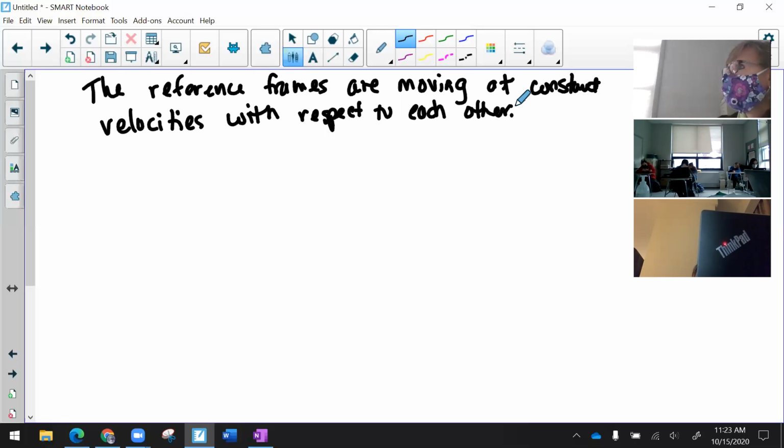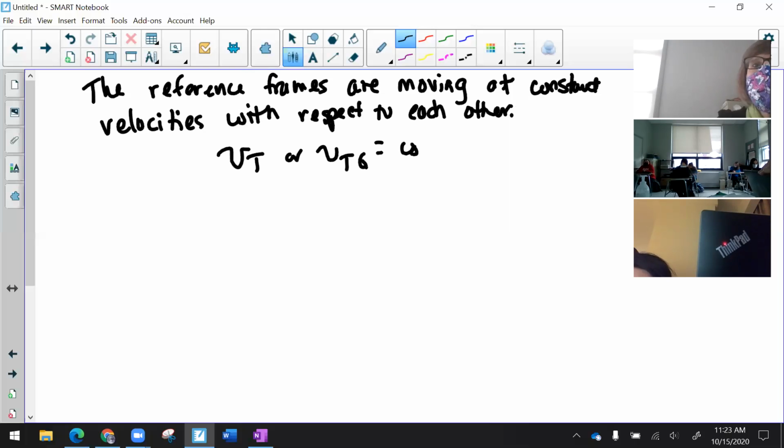So that means effectively that V_T, or V_T ground, is equal to a constant.